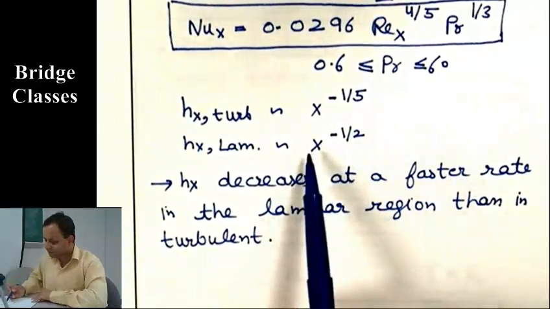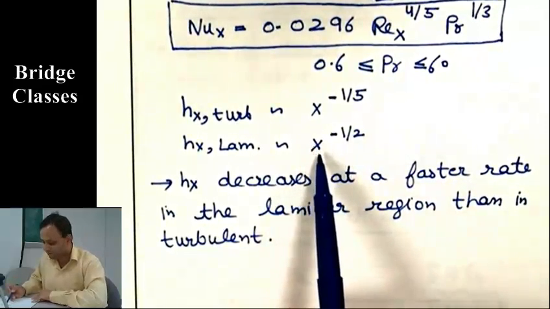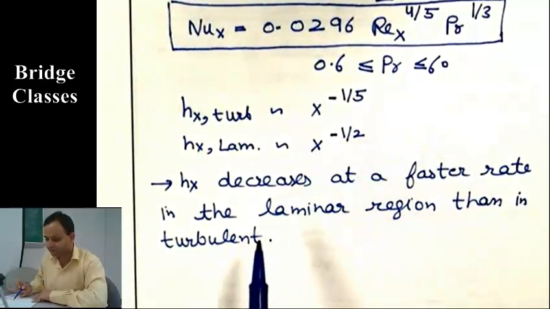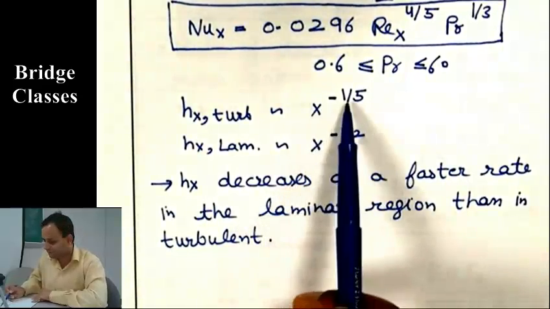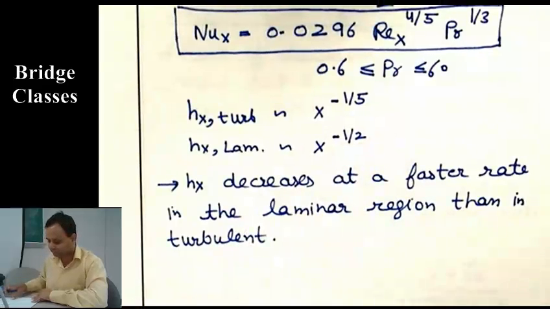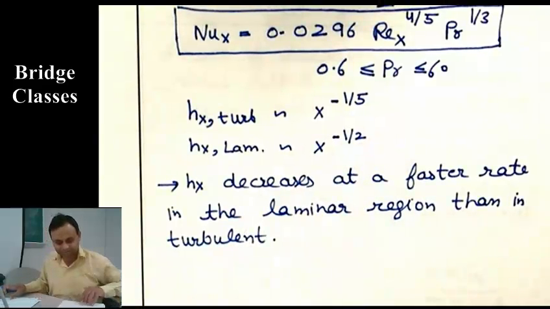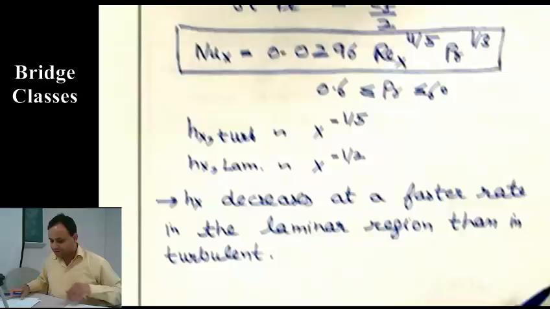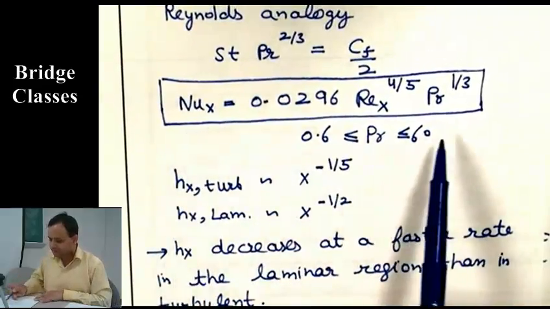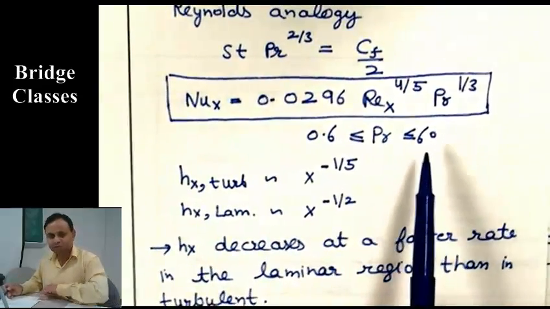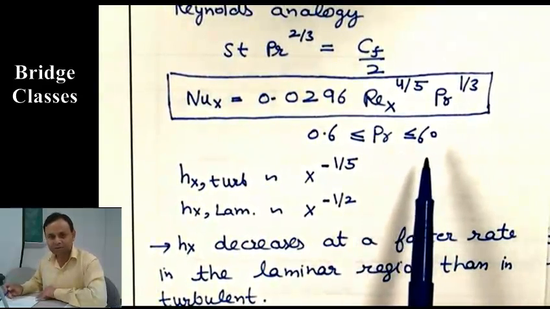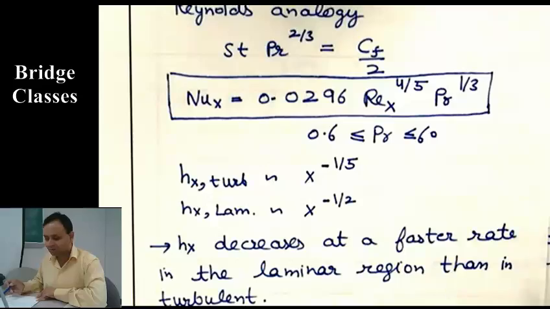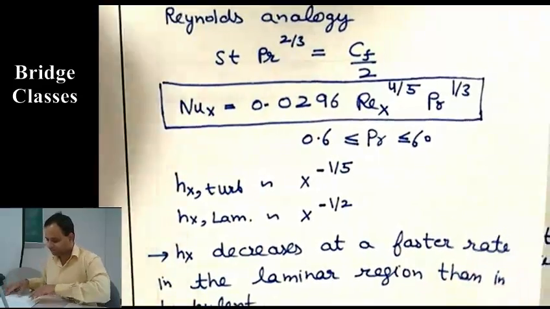Because in the laminar region it decreases with x to negative half, which is a faster rate than x to negative 1 over 5. Okay, so that's the idea. Okay, so see, in this case, to get this Nusselt number, we used the Reynolds analogy, which is an analogy between momentum and heat transfer.